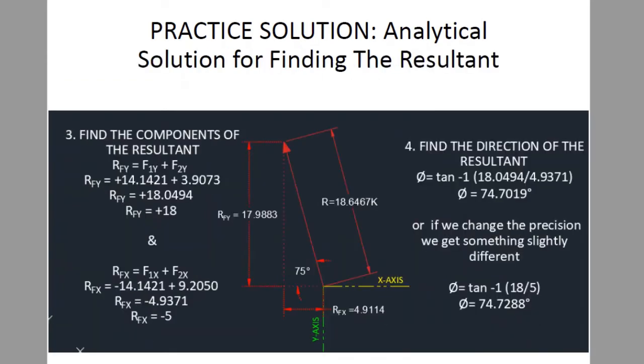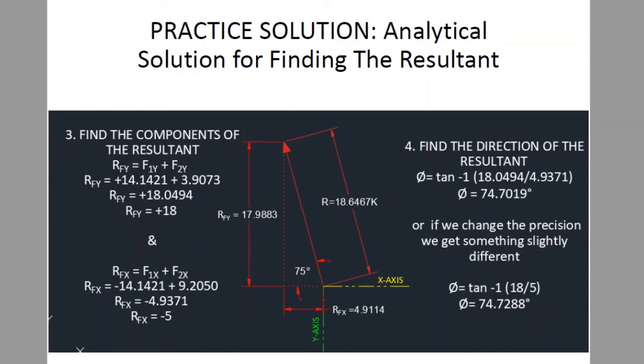Now that we have found both the x and y components of our forces, F1 and F2, we can use that information to find the components of the resultant by algebraically summing up the y components and the x components. So you will see here we have the sum, the resultant Ry.